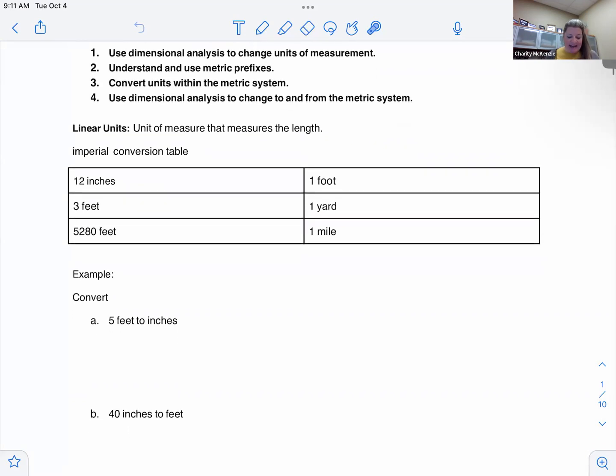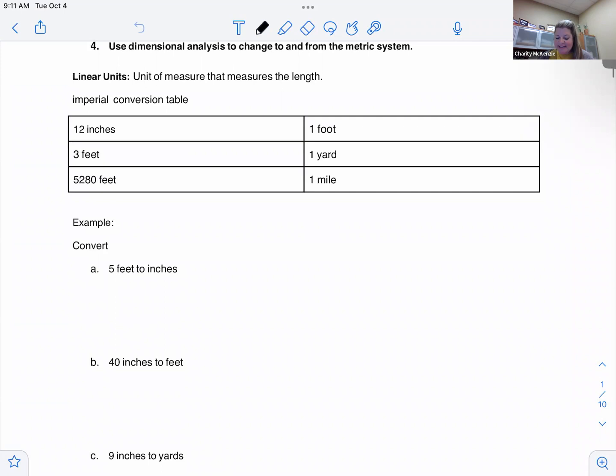Let's go ahead and set up what I call a ratio or a proportion to solve these. The first one, part A, says if I have 5 feet and I want to convert it to inches. So what I'm going to do is write 5 feet, using the little symbol for feet, and then I'm going to multiply that by the conversion. What I want is the relationship between feet and inches.